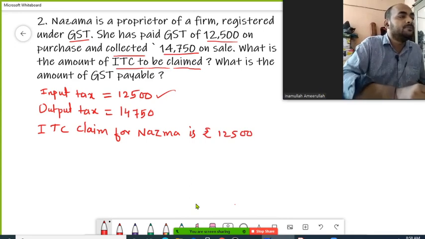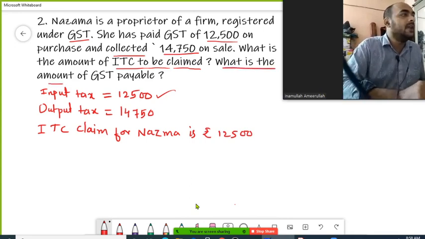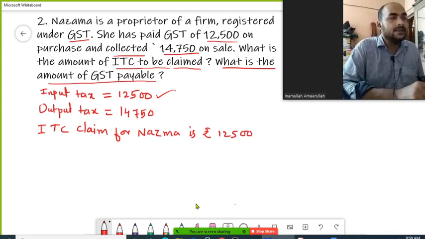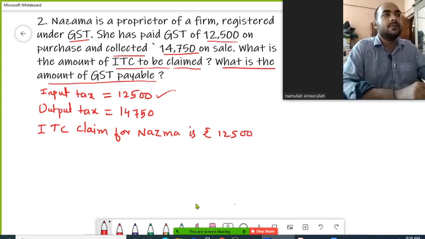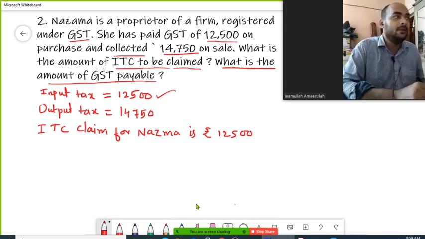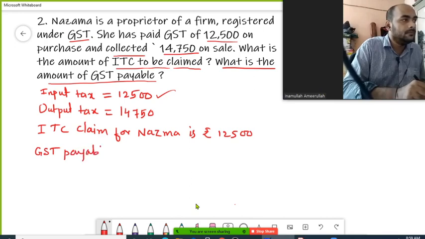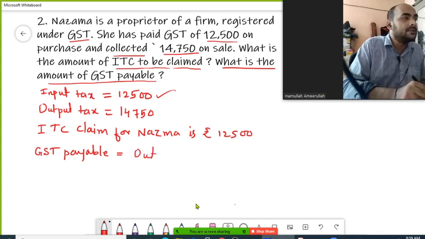And the last part of the question asks: what is the amount of GST payable by Nazma? We need to determine how much Nazma has to pay the government. So GST payable is output tax minus input tax.